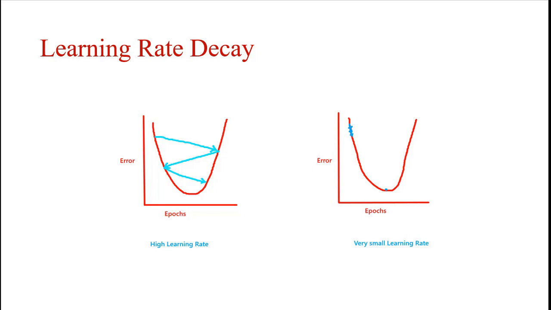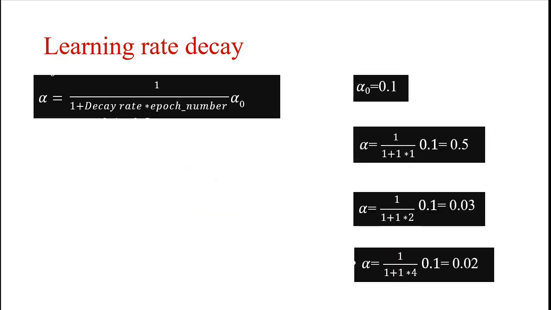So let's check out what is meant by learning rate decay. The learning rate decay formula is alpha is equal to 1 upon 1 plus decay rate into epoch number, into alpha 0. As we can see, in 1 divided by 1 plus something, the denominator term is larger than 1, so obviously the output of this will be less than or equal to 1.